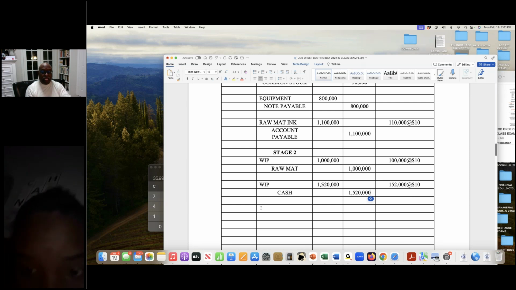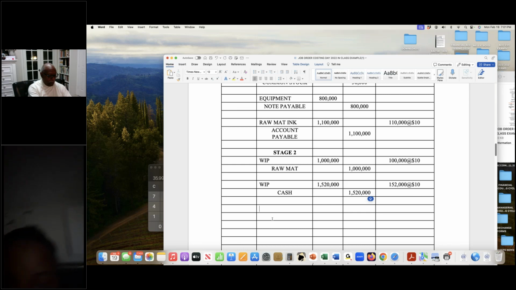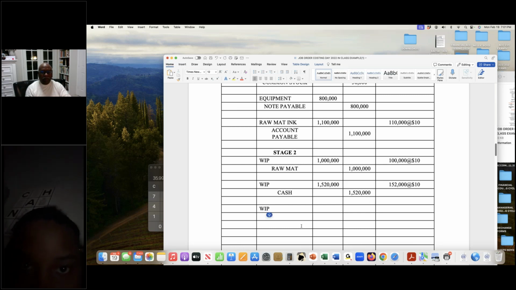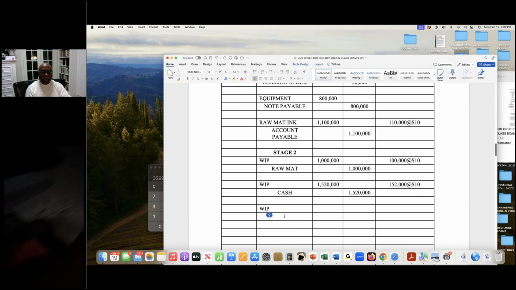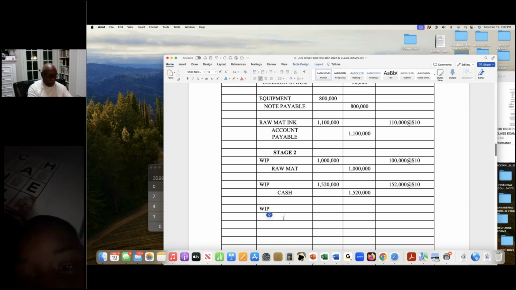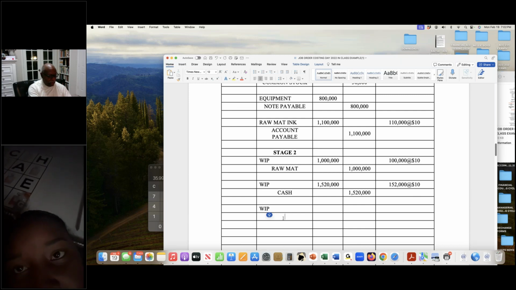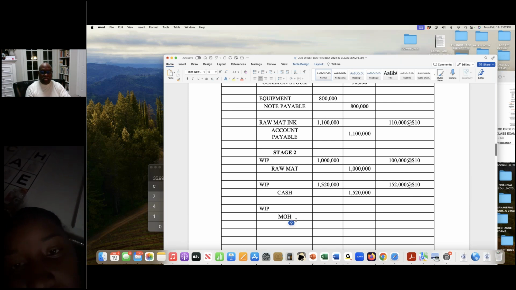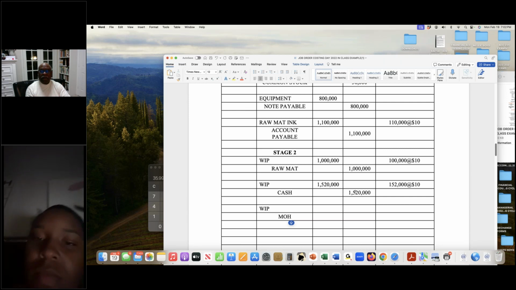And once again, in stage two, we've got to record the overhead. So notice we're recording raw materials, labor, and now overhead. We have to estimate the overhead. We're going to credit MOH, manufacturing overhead. Let's look at how we're going to calculate it.